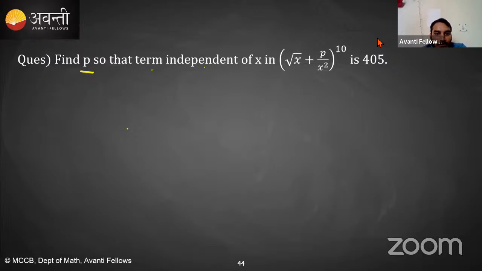Anybody got the answer? Janvi from Changlang is saying, okay, the third term is the independent one. Okay, I see. Then find the value of p.